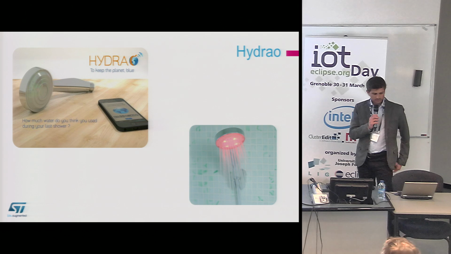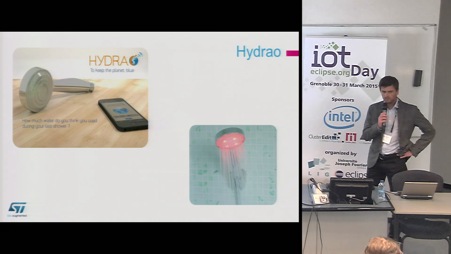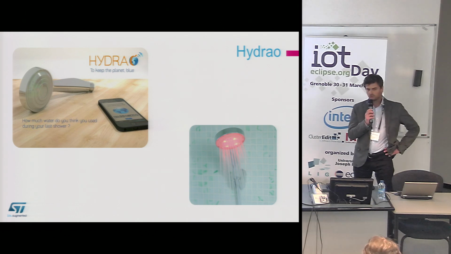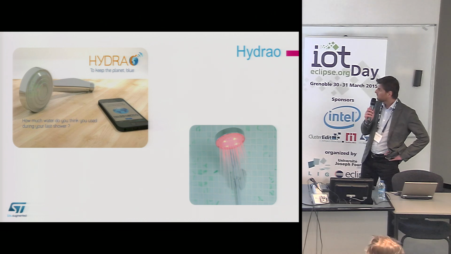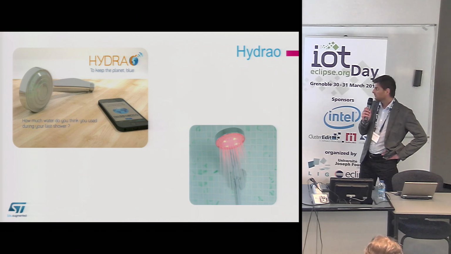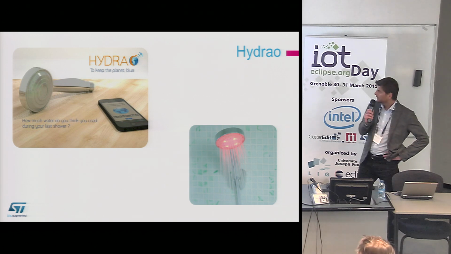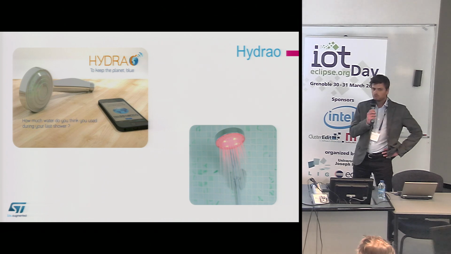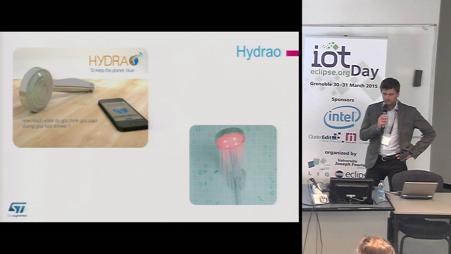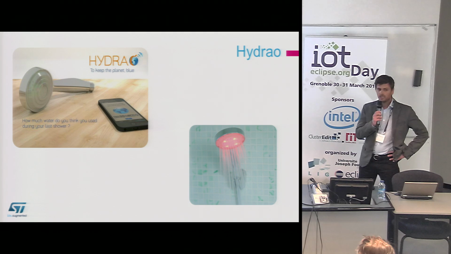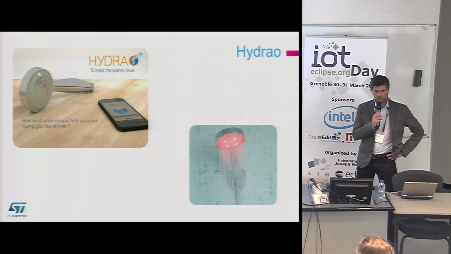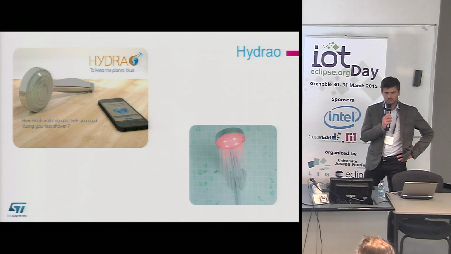The second one is another example. You may not know him because it's not so widespread now, but he has done something on Kickstarter. For people who have children, they will understand the topic. It's simply how to measure your water consumption when your kids are under the shower.